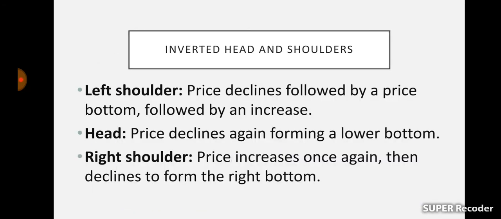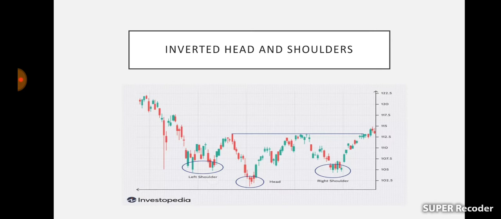And in the case of an inverted head and shoulders, left shoulder means the price declines followed by a price bottom followed by an increase. And head means the price declines again forming a lower bottom. And right shoulder is the price increases once again, then declines to form the right bottom. The inverted head and shoulders will be like this.